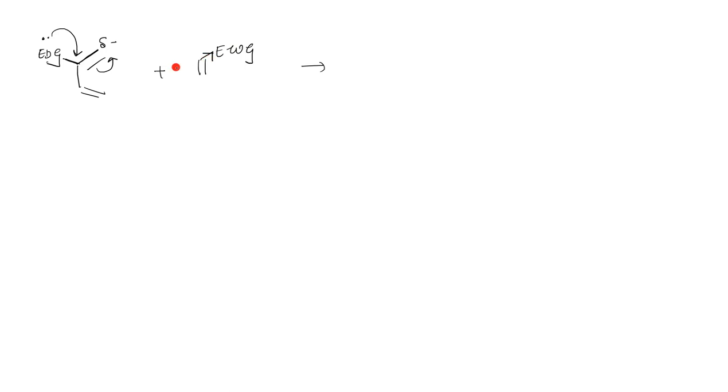The electron withdrawing group is over here, so this is going to be more positive. Now these positive and negative centers are going to react with each other. So if I draw the structure, this is going to form a bond with this. Where is this? So arrange it. So what is this? A 1,4 type of product.